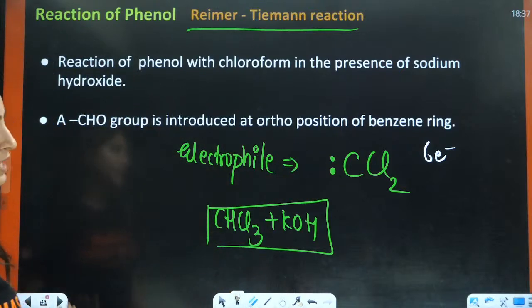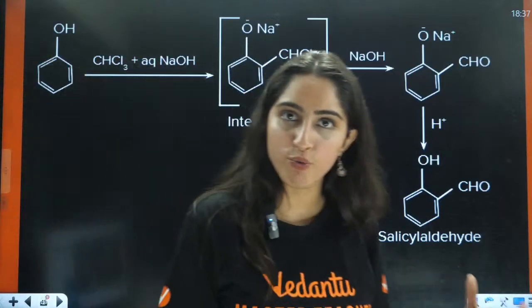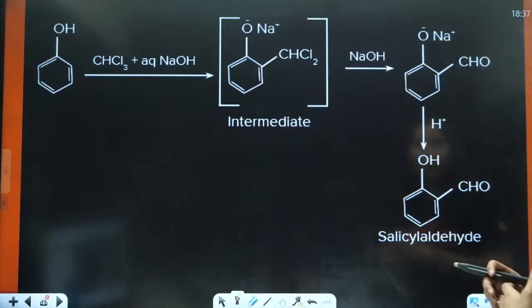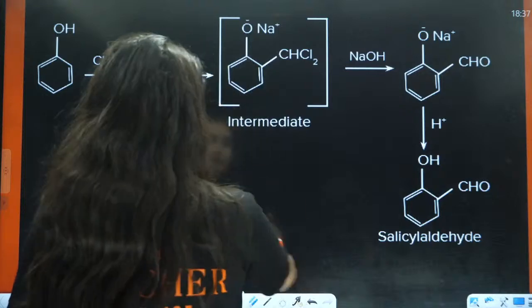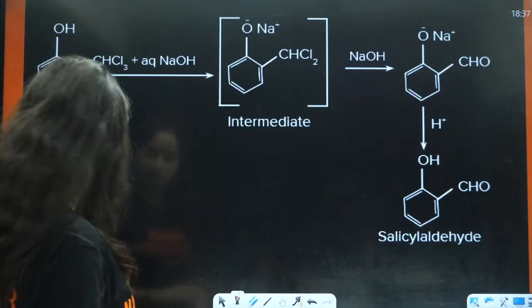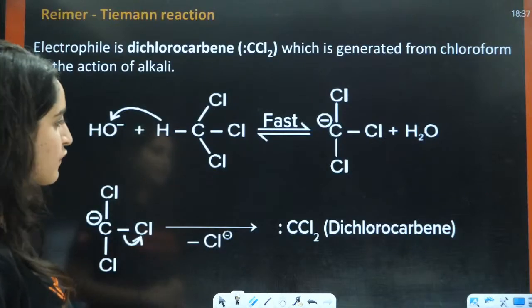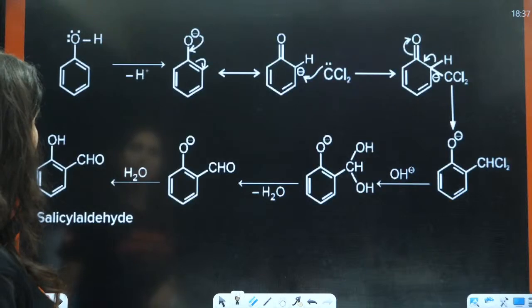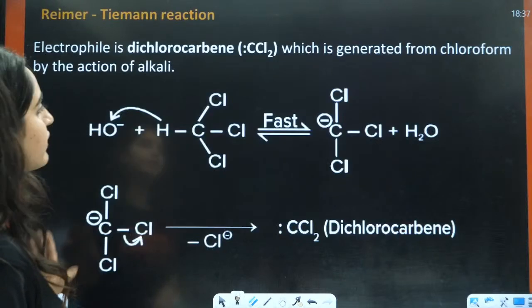So now let us see how the mechanism is going to work here, right? Here too they have given you the mechanism in detail. Let me see if it is given or not. Yes, it is given in detail.